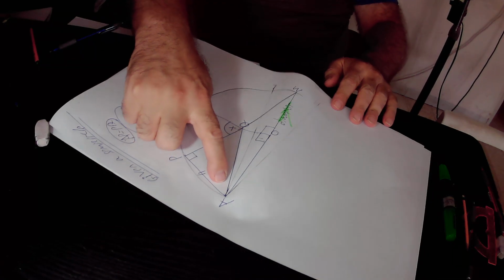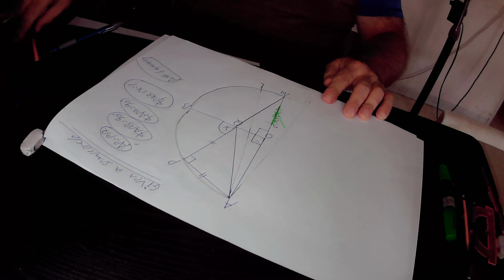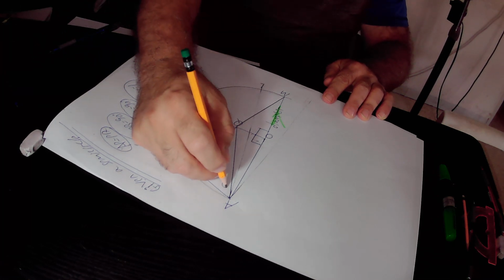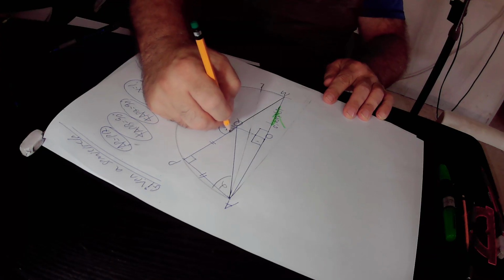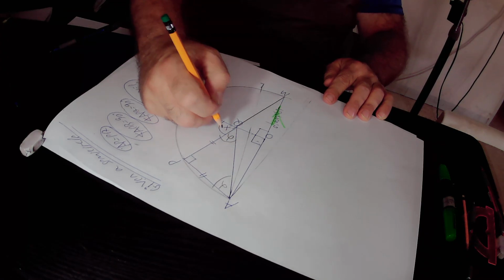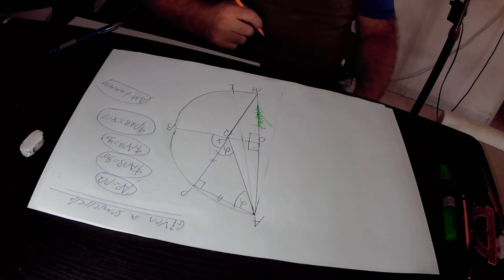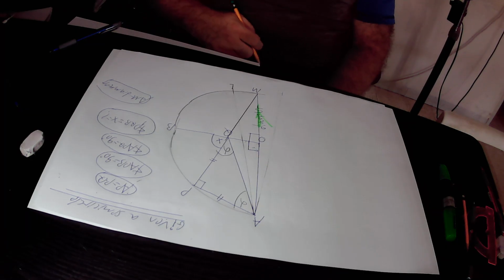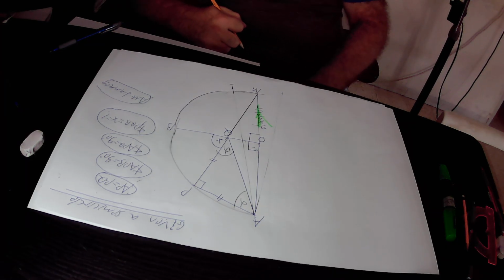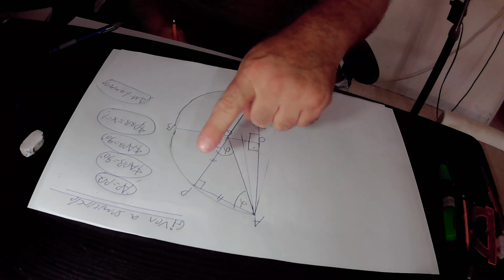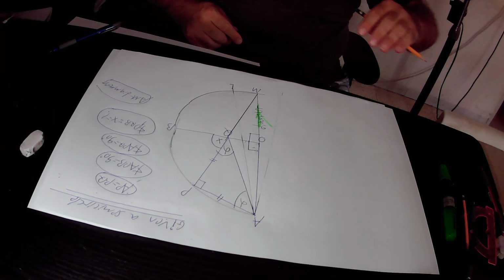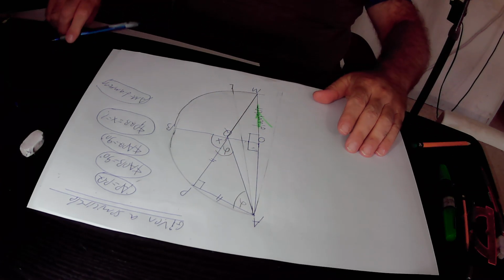So if the size of this angle is alpha, then the size of this angle must also be alpha because they are equal to each other. We also know that the sum of the angles in any triangle is equal to 180 degrees. It is true in any triangle, and therefore it is true in triangle APQ.